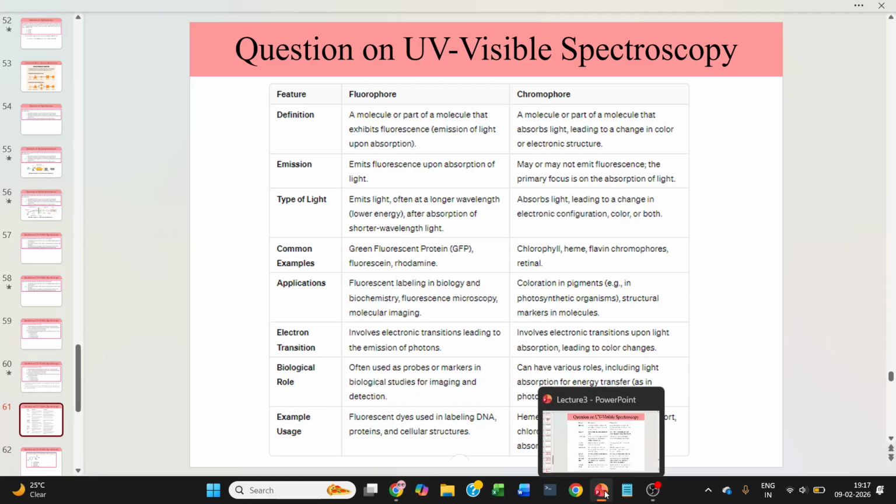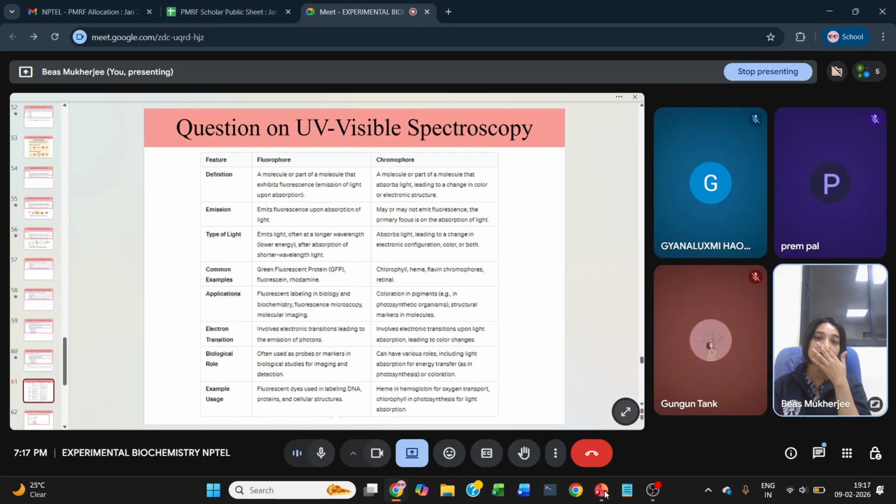Now, the difference between a fluorophore and chromophore is given for your understanding. You can go through this. Some examples are also given. Fluorescent label dyes are used for labeling DNA. There are different dyes, like SYBR Green and all these different dyes. You can read about them. They often come in questions, and even in the upcoming classes, we'll talk a lot about different biophysical techniques, and there you will come across a lot of different dyes.